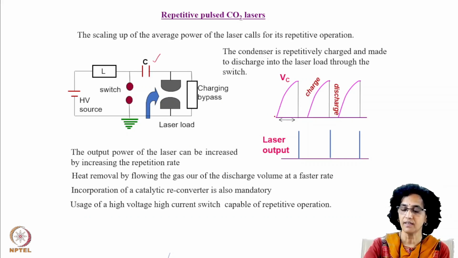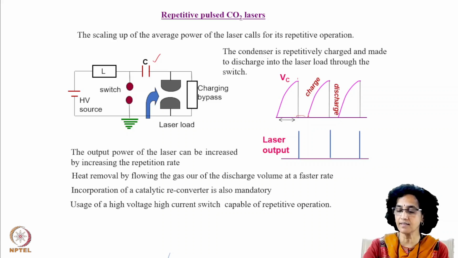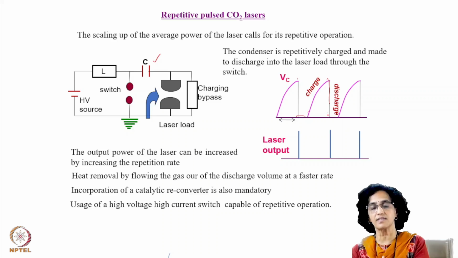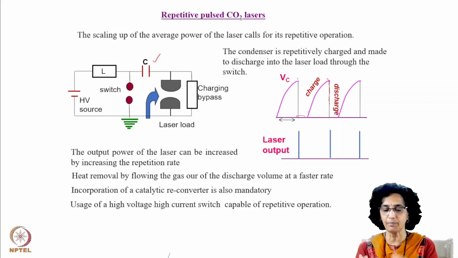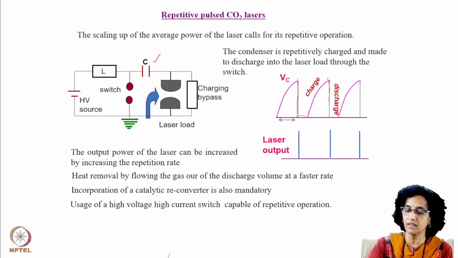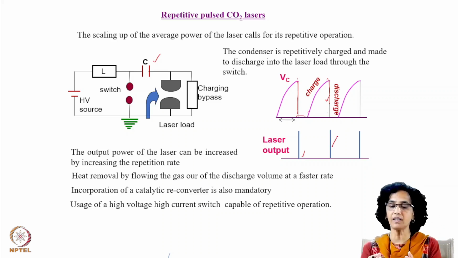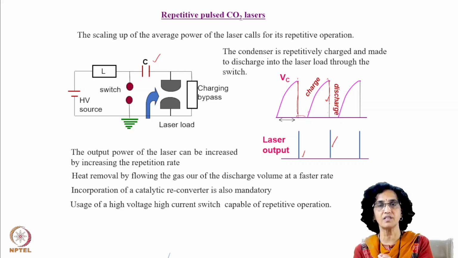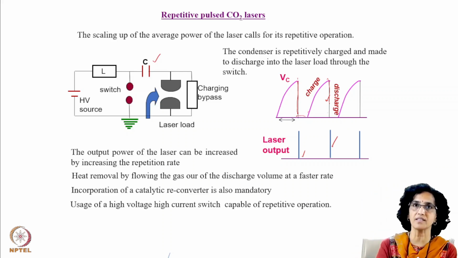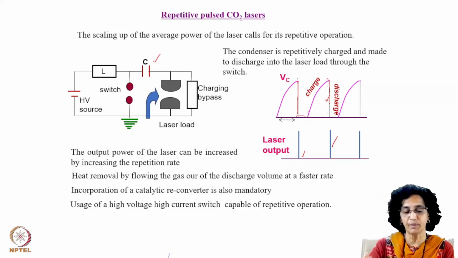Like you see here, the condenser is charged, then it discharges, then again it is charged, again it discharges, and the faster this cycle, the more will be the repetition rate. Every time the condenser discharges, there is a laser output. So if you can make the condenser get charged faster and discharge faster, then you can have repetitive operation.